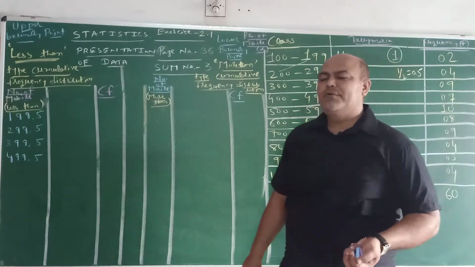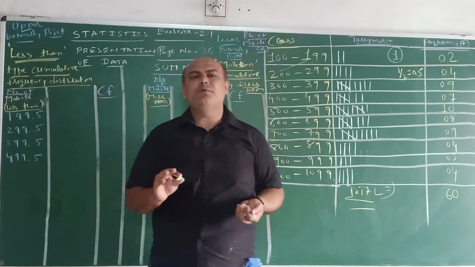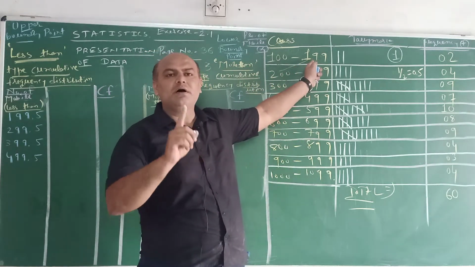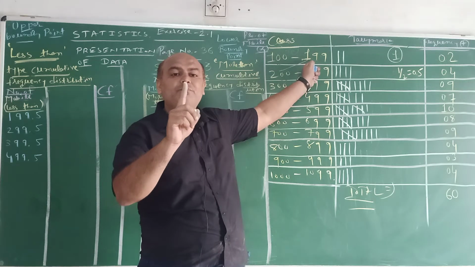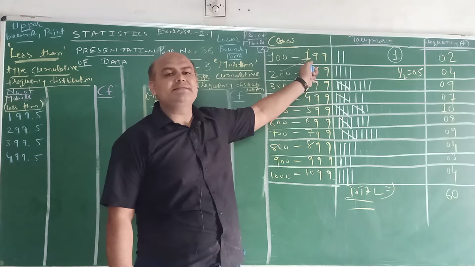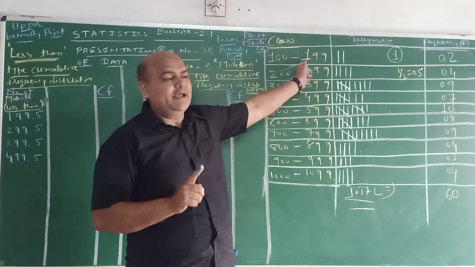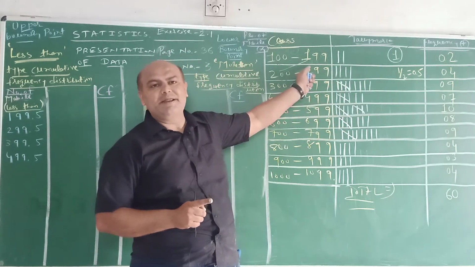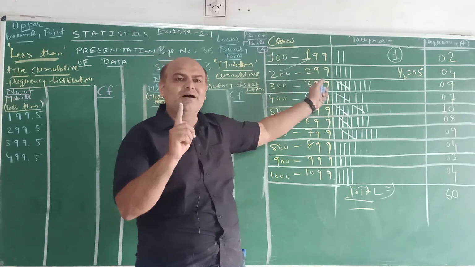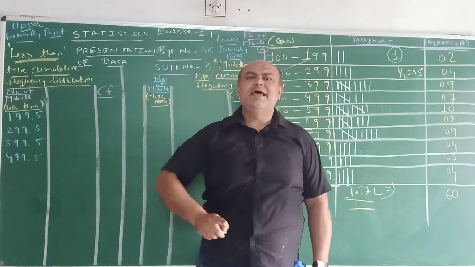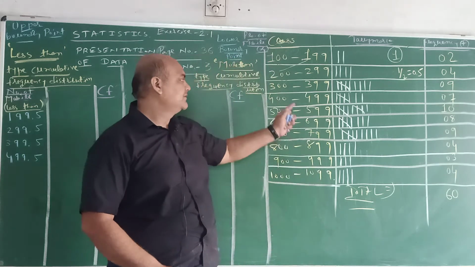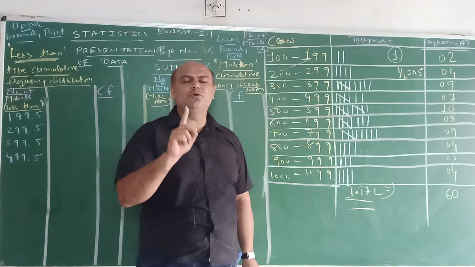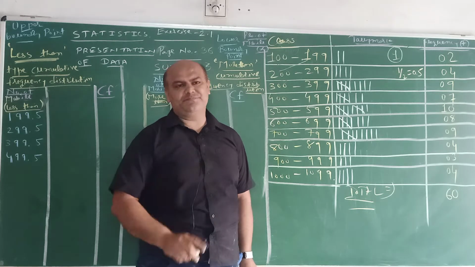When we add 0.5 to the upper boundary, we get the upper boundary point. And when we deduct 0.5 from the lower boundary, that is called the lower boundary point.